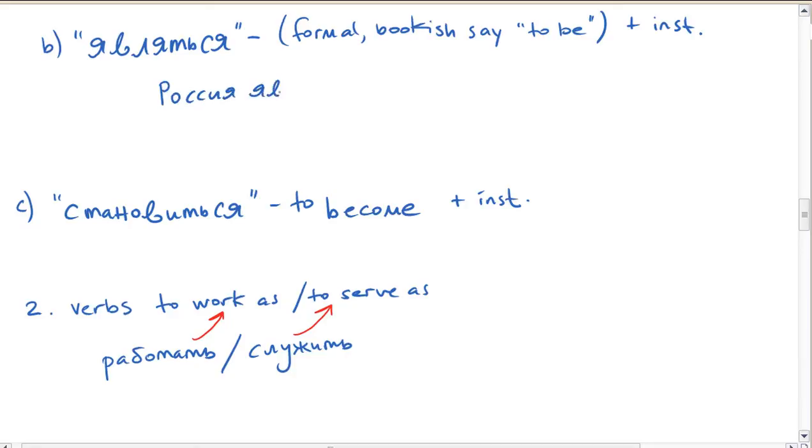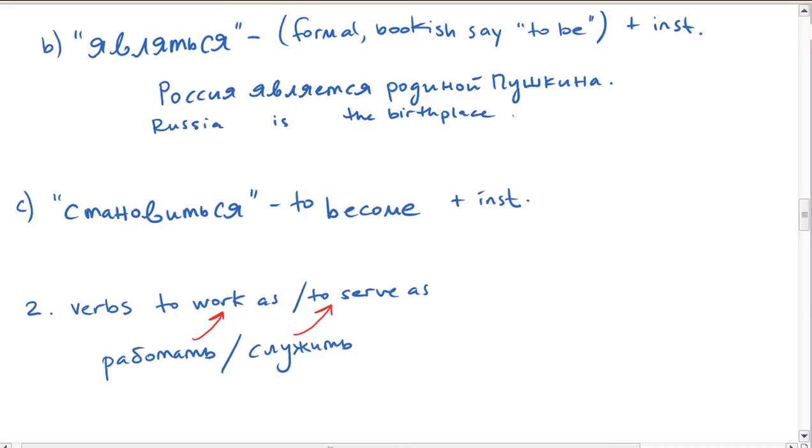Россия является родиной Пушкина. So, and this just means Russia is the birthplace of Pushkin.